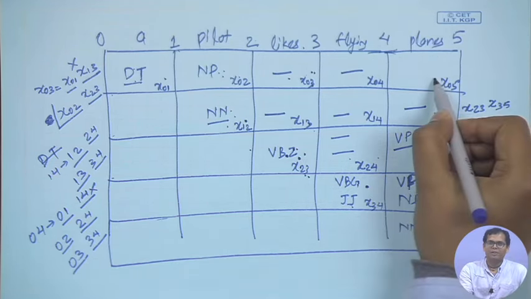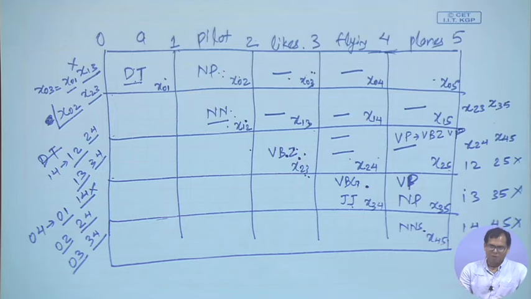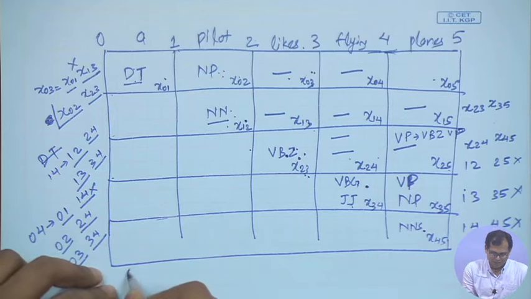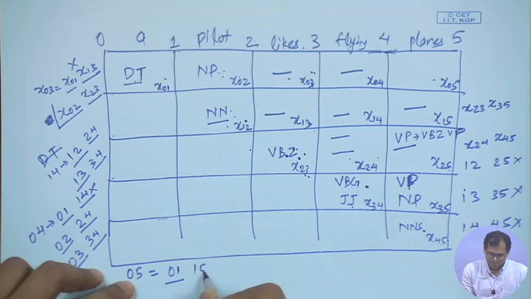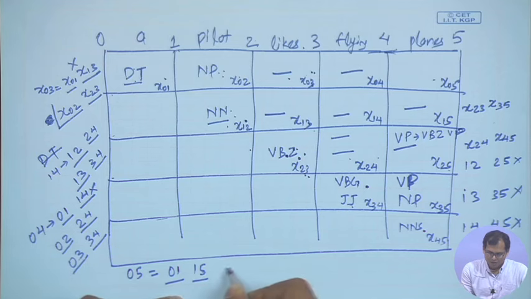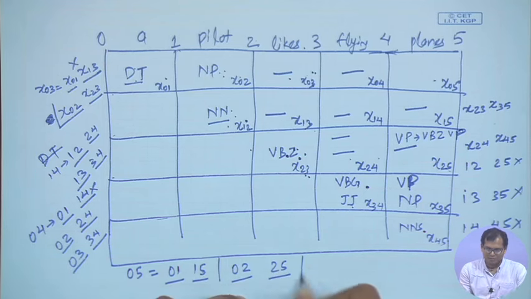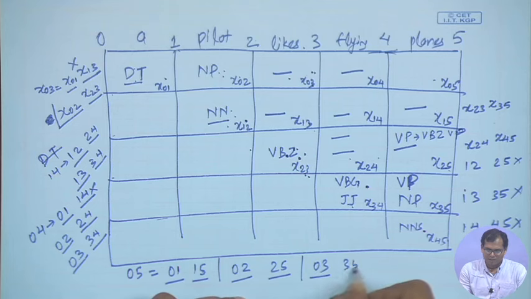Now the only thing remaining is X05. How can I fill X05? What are different ways? Let me write down here. 05 can be 01 followed by 15, 02 followed by 25, 03 followed by 35, 04 followed by 45.